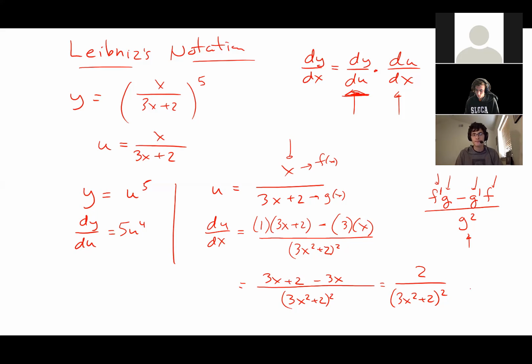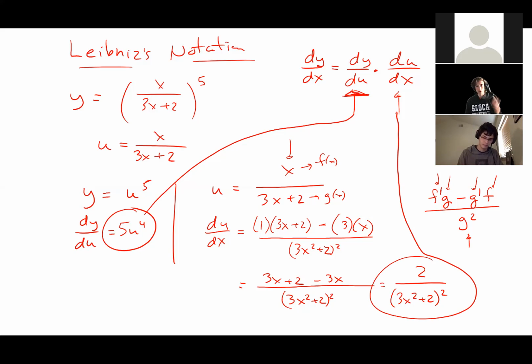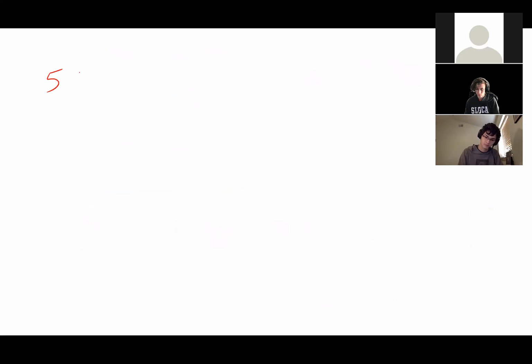Yeah. Okay, so now we're going to put everything back together again. So we've separated them out, and now I just need to multiply this one and this one back together again. Initially when we multiply that out, it's just 5u to the fourth still.